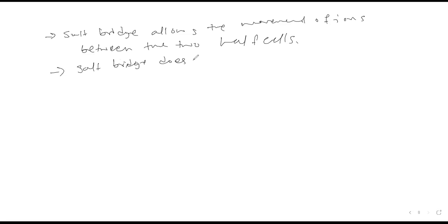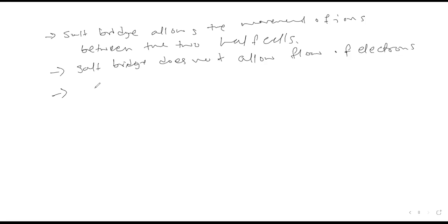Because remember, electrons only flow in metals. Electrons do not flow in other components except graphite. Graphite, though it is considered as having a property of metal, but in other components, electrons never flow, ions can flow.